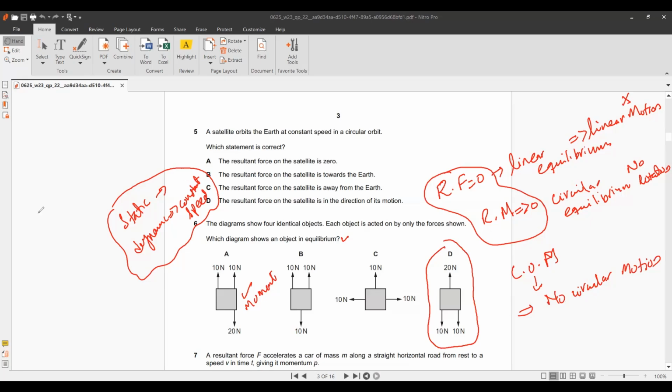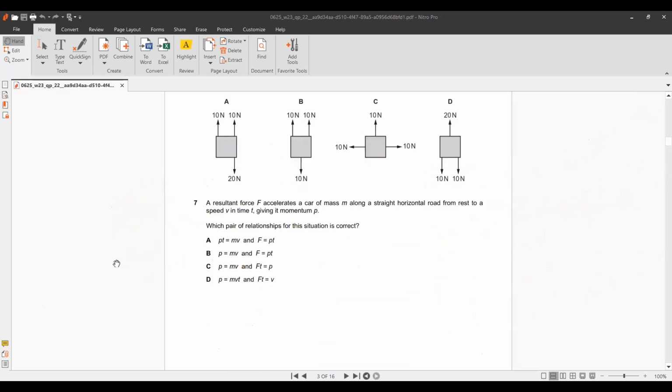Moving on to the next MCQ. Which pair of a resultant force accelerates a car of mass m along a straight horizontal road from rest to a speed v in time t, giving its momentum p? Which pair of relationships for this situation is correct? What is the formula for momentum? They have given the right formula only in options B and C for momentum.